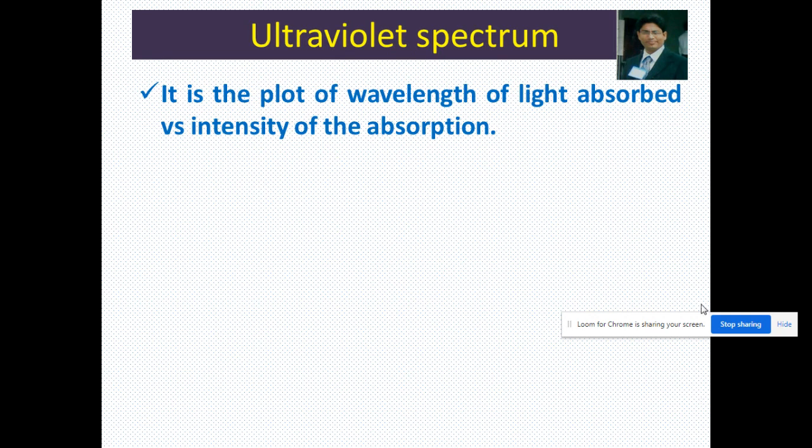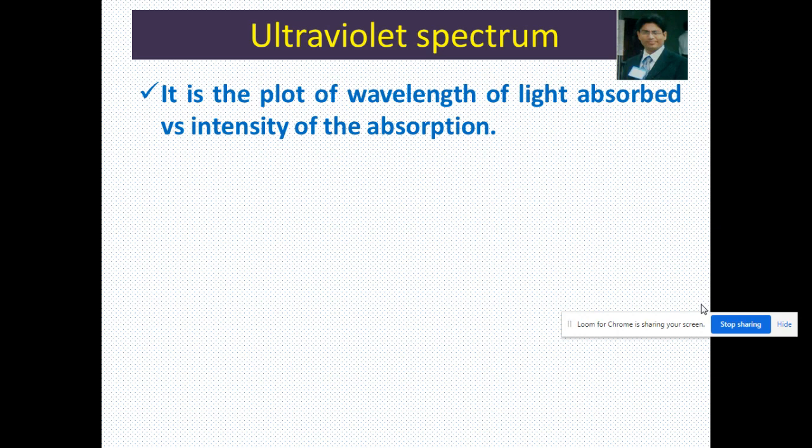Now the question is, what is an ultraviolet spectrum? An ultraviolet spectrum is nothing but a plot of wavelength of light absorbed versus intensity of the absorption.